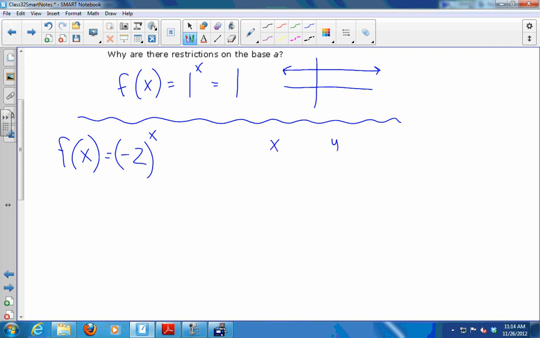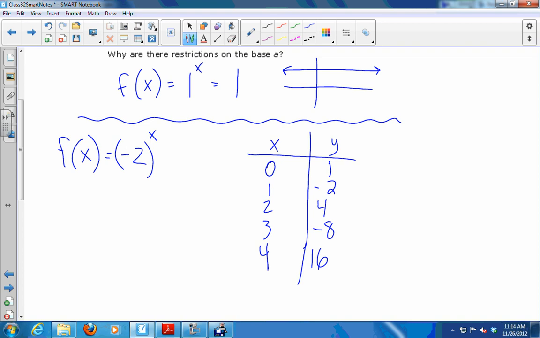If I make an XY chart here, and I did say 0, 1, 2, 3, 4. Well, -2 to the 0 would be 1, because anything to the 0 is 1. -2 to the first power would be -2. -2 squared would be -2 times -2, which is +4. -2 cubed would be -2 times -2 times -2, which would be -8. And -2 to the fourth power would be +16.